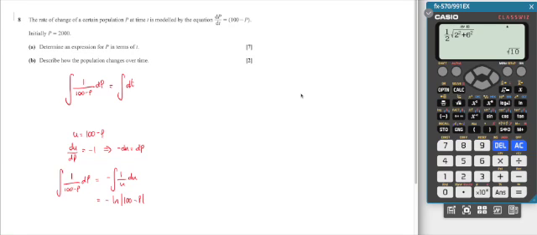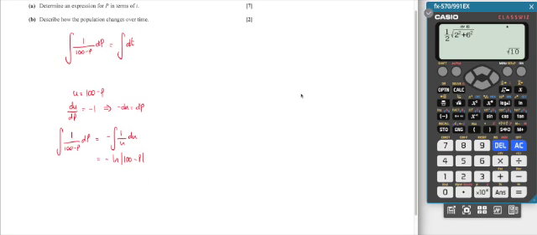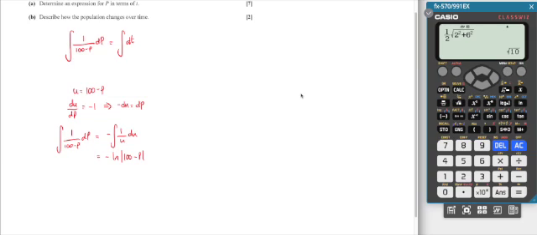So therefore, if we continue on with our working, we can go back to the statement. So the integral of dp over 100 minus p is equal to the integral dt. So we know that was minus ln of 100 minus p is equal to t plus c.